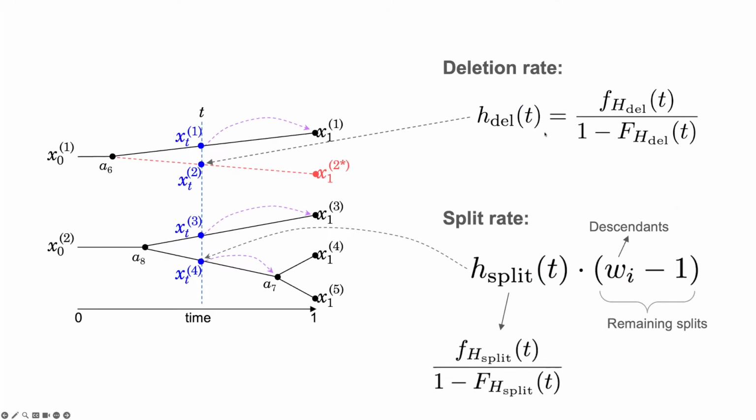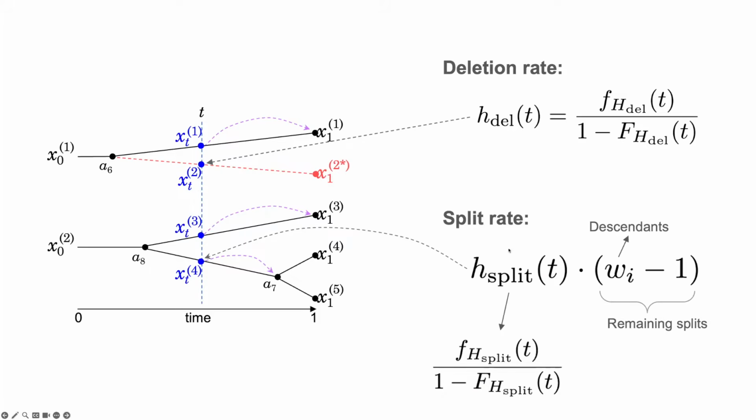So our particular construction is we specify a deletion hazard distribution and a splitting hazard distribution, which control roughly where in time the deletion and splitting events happen, but not how many there are. And the deletion rate is this expression for branches that are tagged as to be deleted and 0 for branches that are not tagged as to be deleted, right?